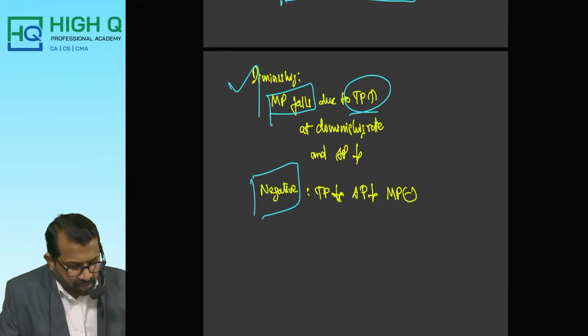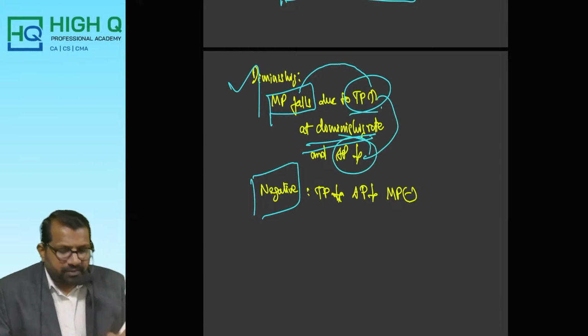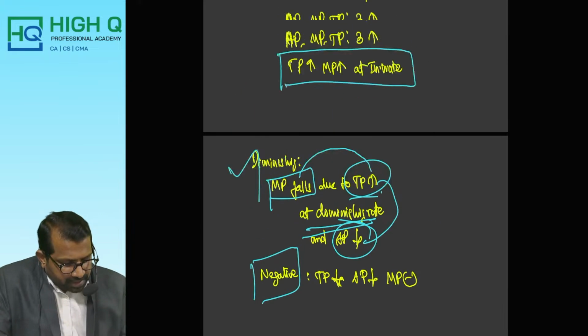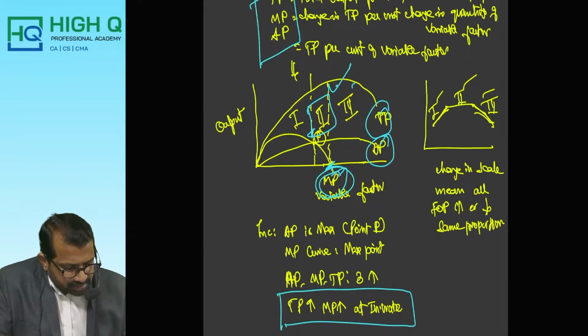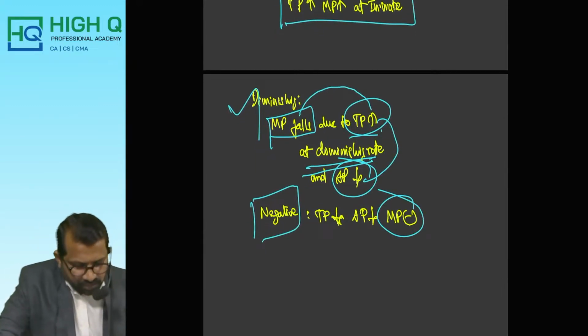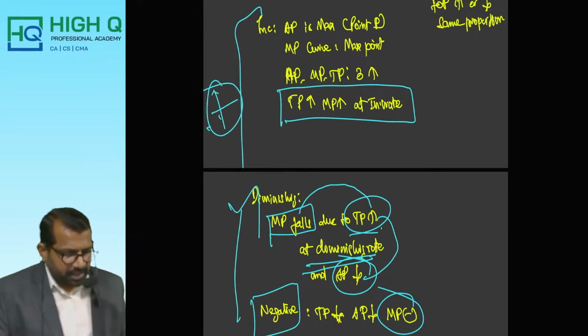In the second stage, average product starts to decrease. In the third stage, total product decreases, average product decreases, and marginal product becomes negative. So this portion is very much important for your exam.